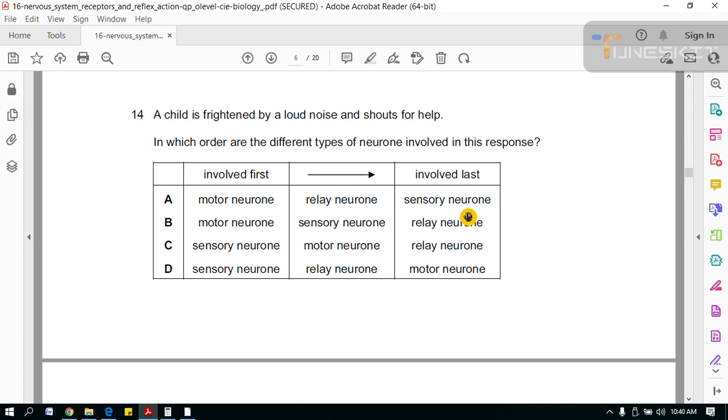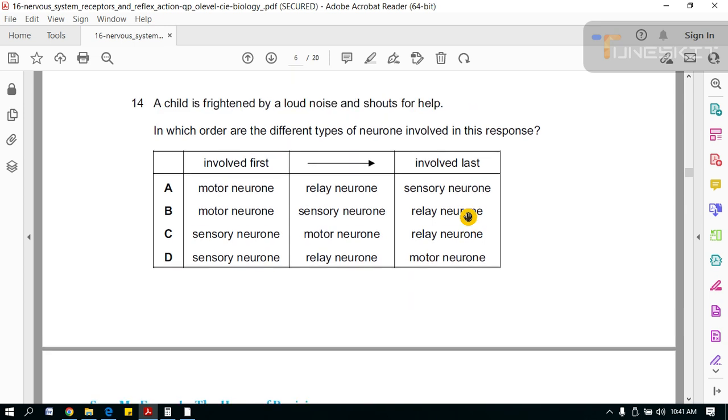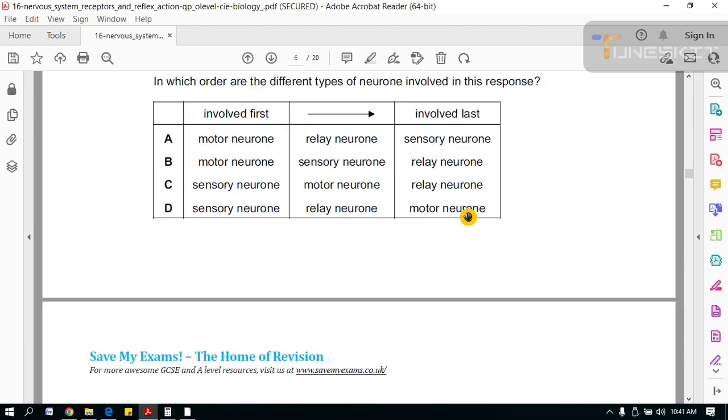Definitely the relay neuron, which is actually working as a connector between the sensory and motor neuron. Then the motor neuron. So here option D is correct, dear students. Option D is the correct answer for the pathway which is normally carried out in nervous coordination.